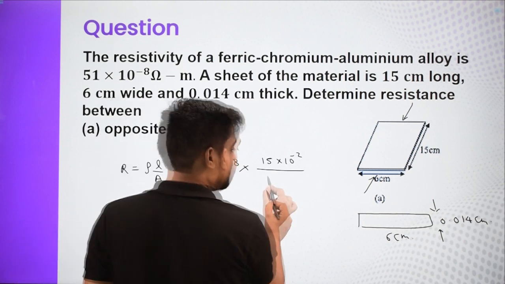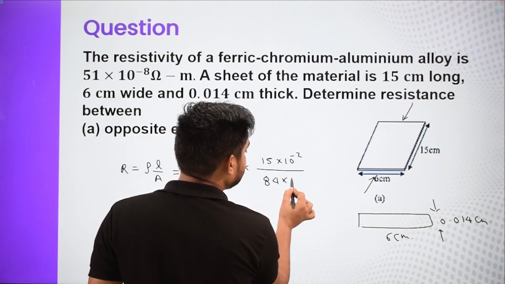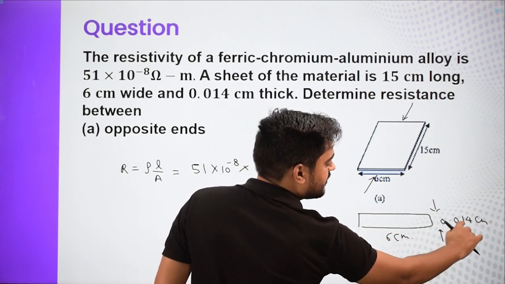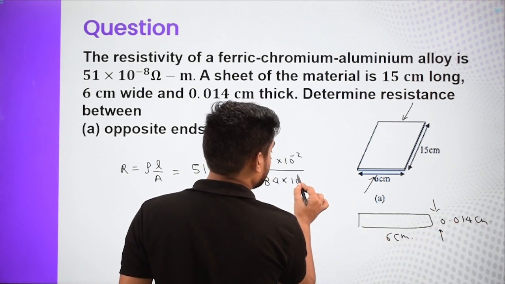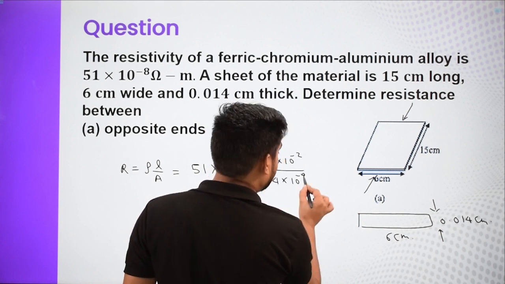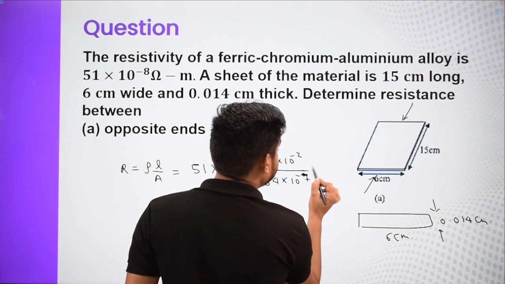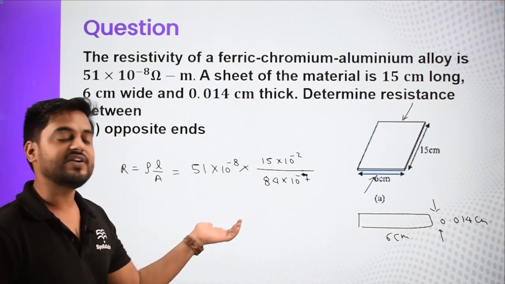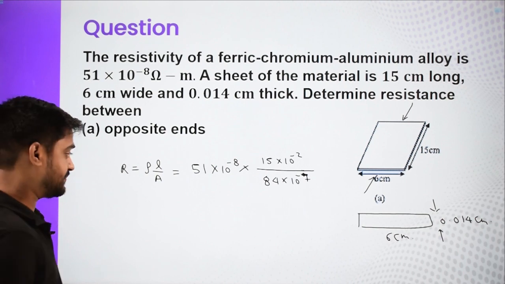So this is 84 into 10 raised to power -2 and -3, and -7 meter square. I kept all the things in SI, and now once we solve it, we can get our answer.